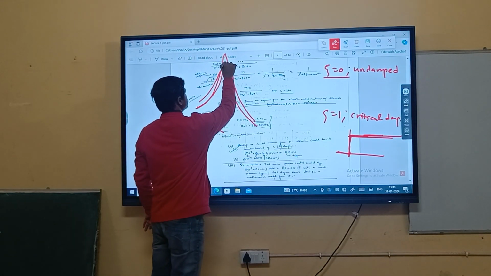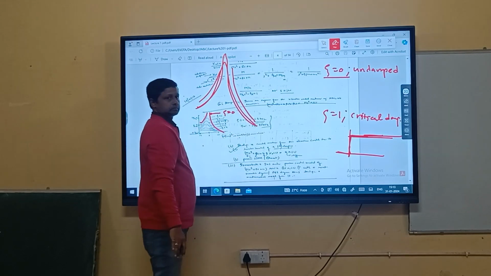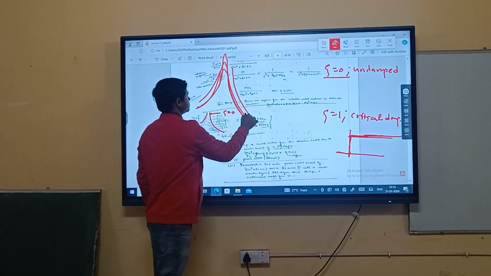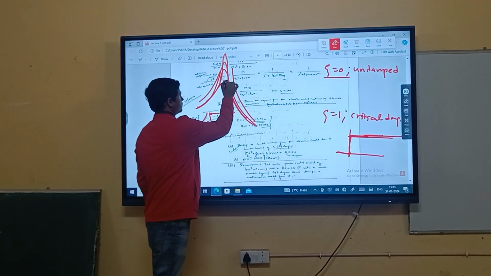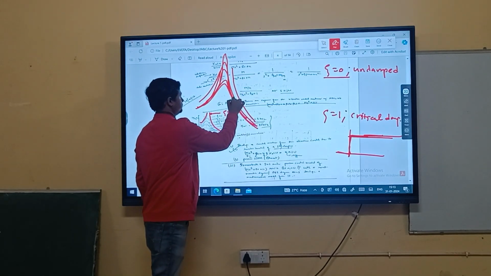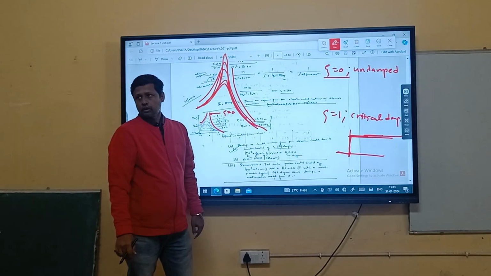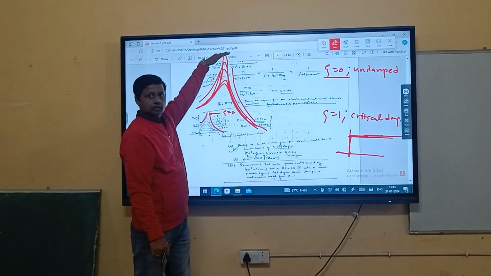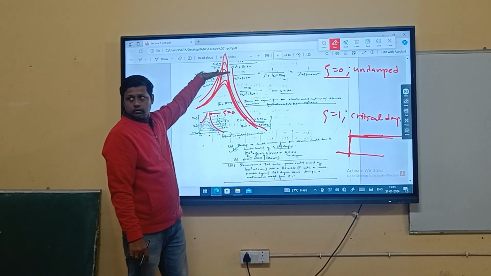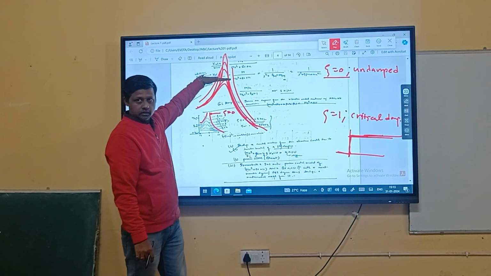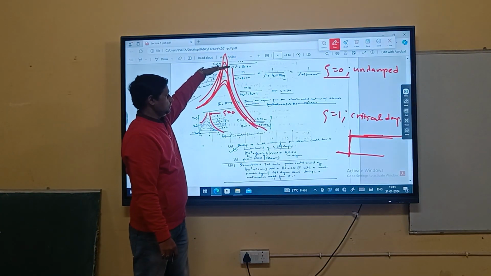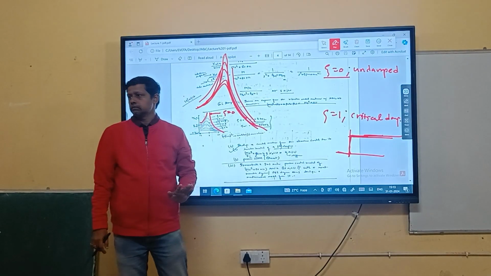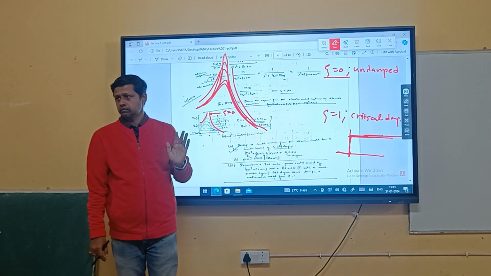This slope will move something like this. 0.3 will be further, 0.4, 0.5. Understand? So this shoot-up part, the impulsive part, will be sliced down. Because it is slicing down, your system will settle relatively fast as compared to the previous one.